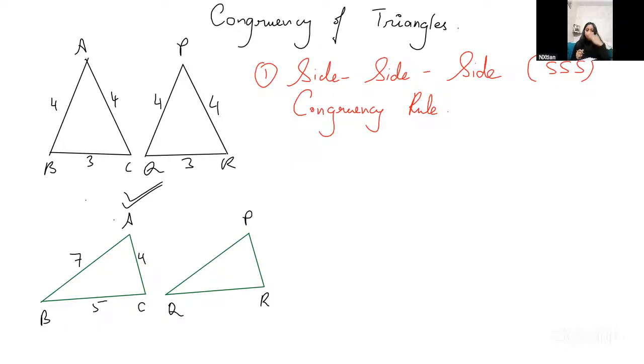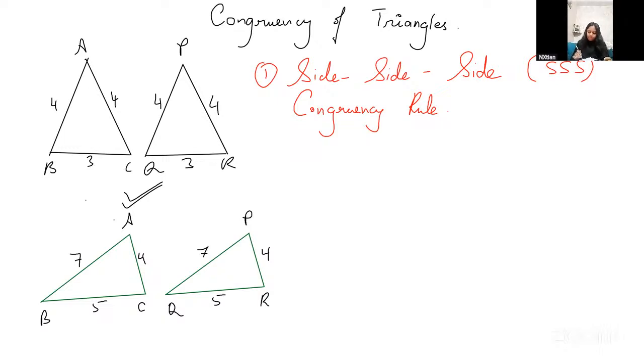AB and PQ are corresponding sides, so PQ has to be 7. BC and QR are corresponding sides, so QR has to be 5, and PR has to be 4. Only then will these triangles be congruent according to the side rule.